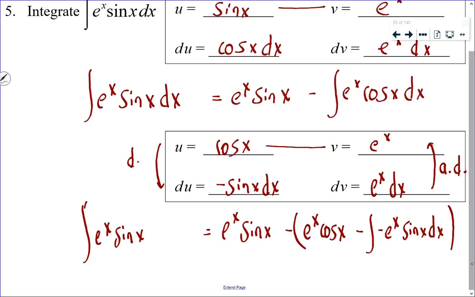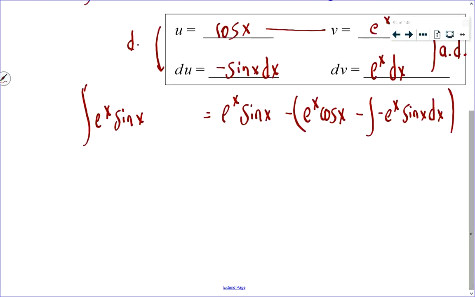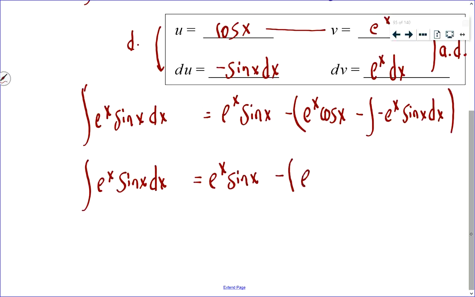So the first thing to note, if you can handle this in one shot, that's great. Absolutely handle it in one shot. But I'm going to do this in a couple of steps. I have e to the x sine x minus, in brackets, e to the x cos x plus the integral of e to the x sine x.